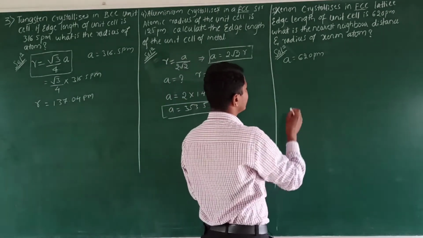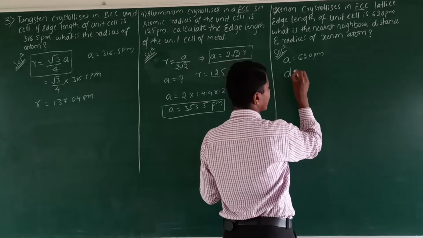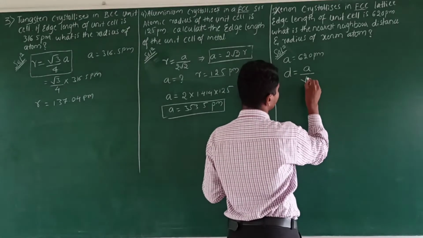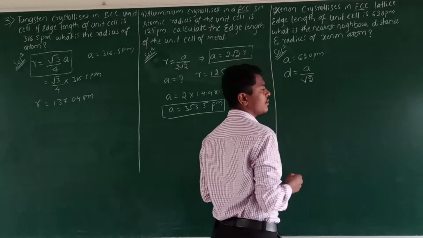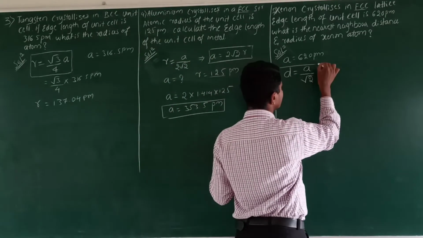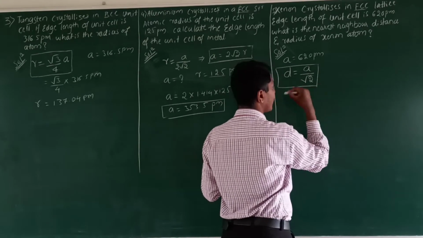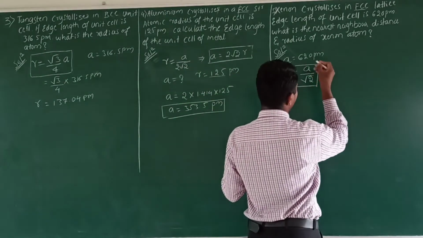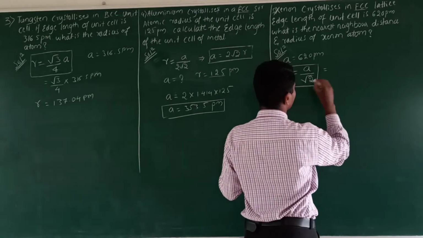For that, the distance formula or diameter is equal to a divided by root 2. This is the diameter or distance formula for FCC. Remember, this is the distance formula. Then just add the value in this constant.